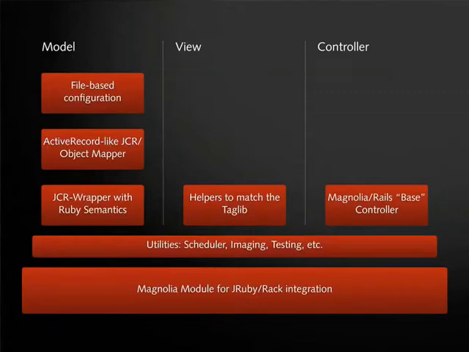Here we are providing a kind of JCR wrapper with Ruby's semantics. Since also in this Rails application, we are basically working with Magnolia's content objects. We got content objects, we have node data, and so on, and so on. But what's not so nice is that you could work directly with these objects, and you could use the interface directly.